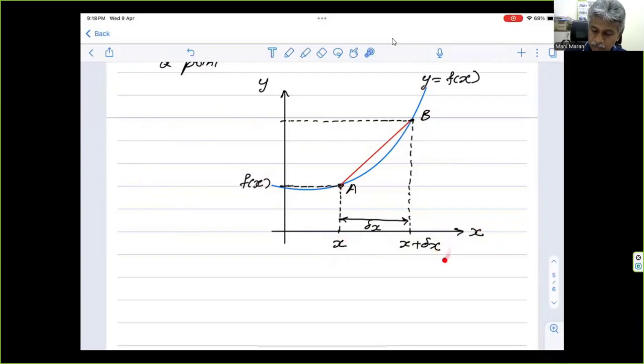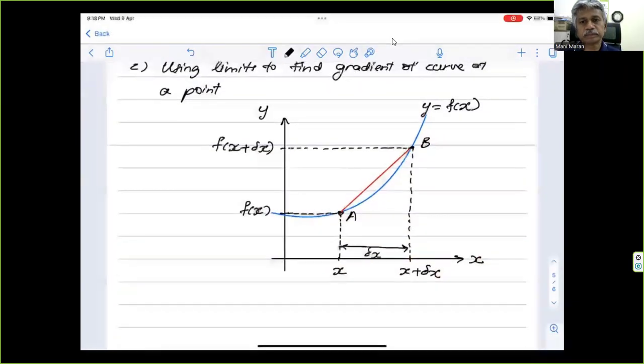So when this is x plus delta x, here you'll get f of x plus delta x. We get this value simply by substituting x plus delta x into the function.